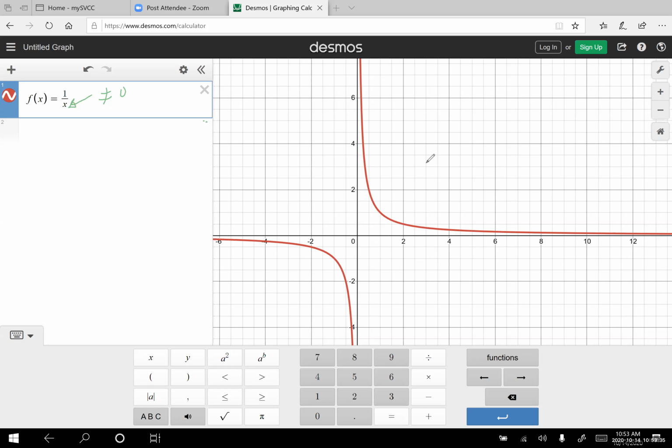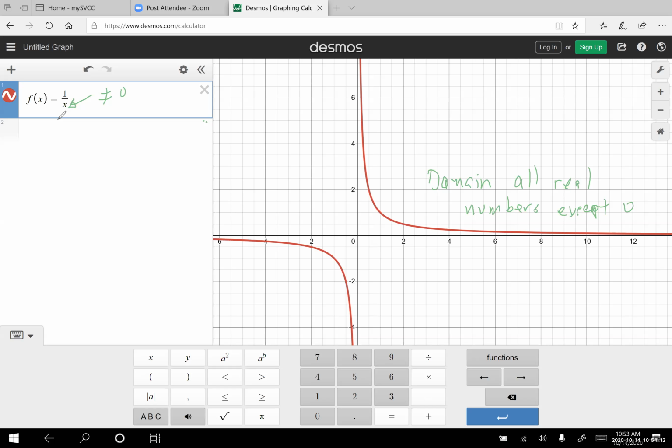So in this case, this one, we would say the domain, all real numbers except 0. So in this case, 0 doesn't work because if I plug 0 in here, I get 1 over 0, and that's undefined. We don't like that.